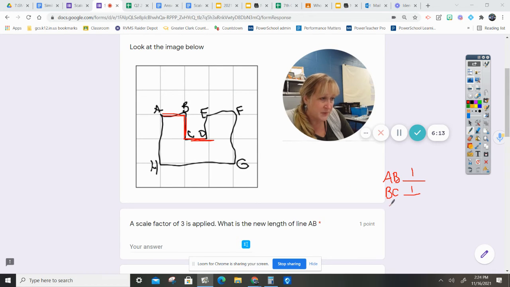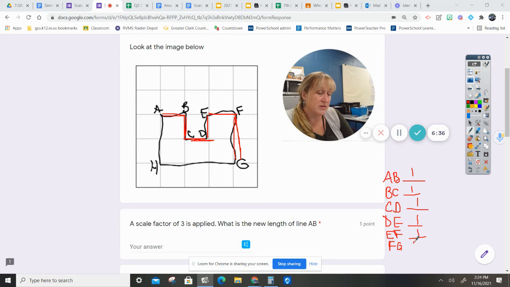CD is 1. DE, guess what? It too is 1. EF, 1. FG now turns into 2.